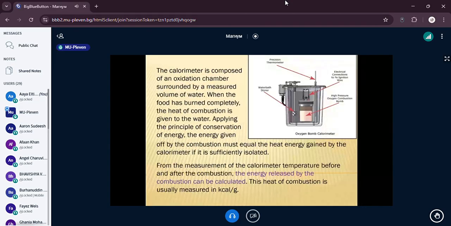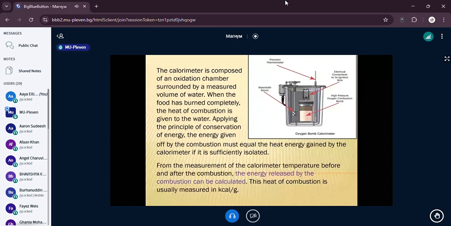So there is, in the slide, a picture of a calorimeter. We've got different types of calorimeters. This is the so-called oxygen bomb calorimeter, because the food is burned in a pure oxygen atmosphere. And what is the structure?